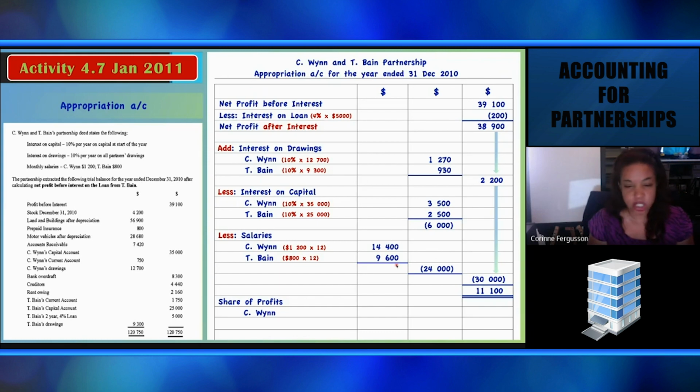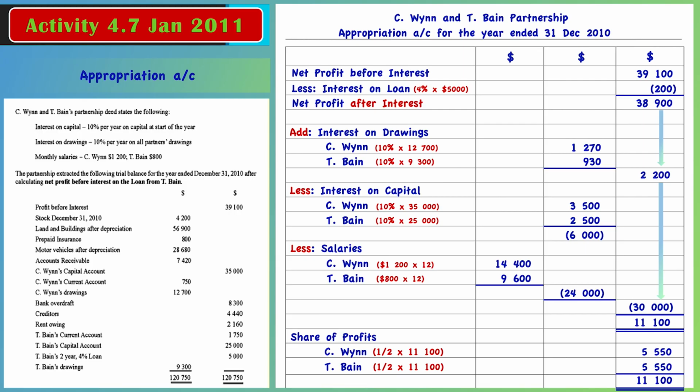So once you don't see any agreement, you just do it half, 50%, 50%. So it will be half of the 11,100 and both of them get the same amount, which is 5,550. And that is your answer for your appropriation account.